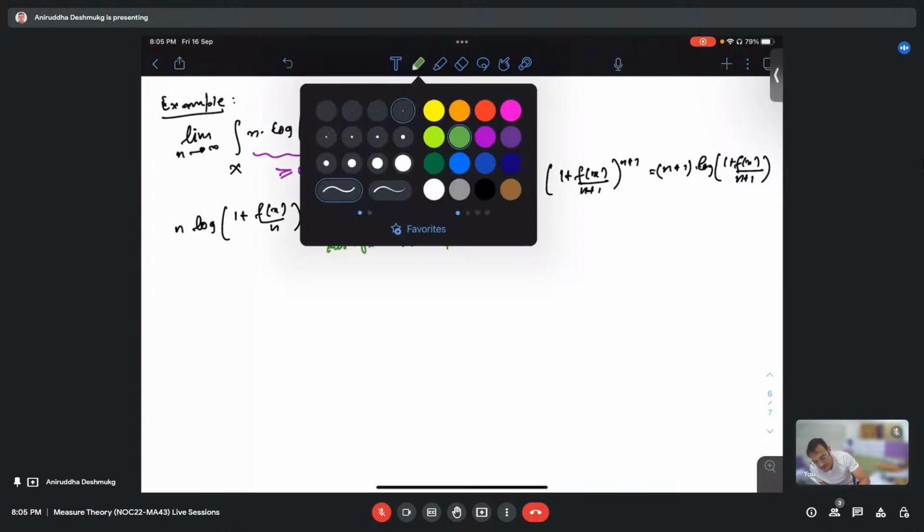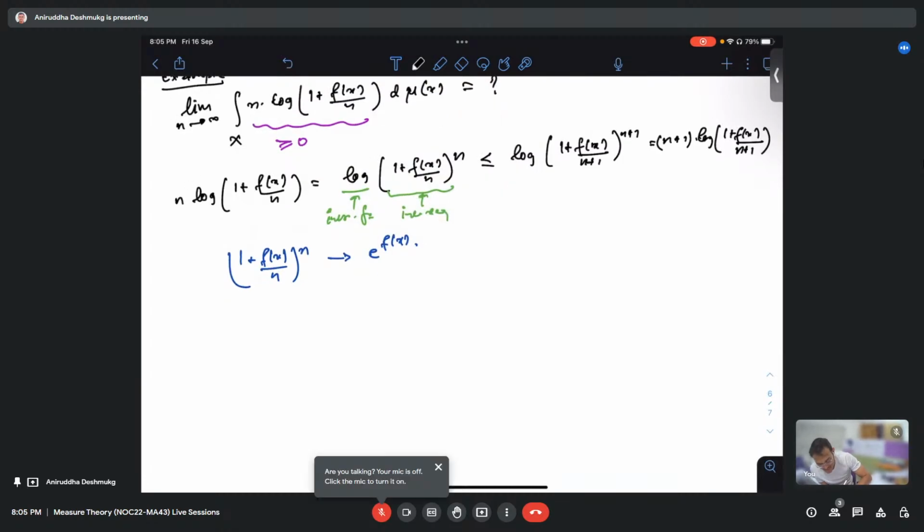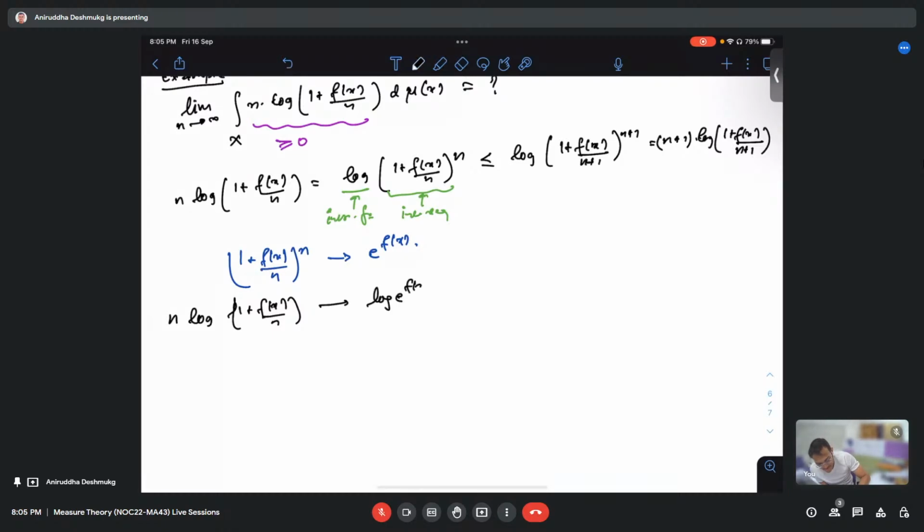In fact, one can prove that (1 plus f(x) by n) to the power n converges to e to the power f(x). So using this convergence, n log of 1 plus f(x) by n converges to log of e to the power f(x), which is actually just f(x).